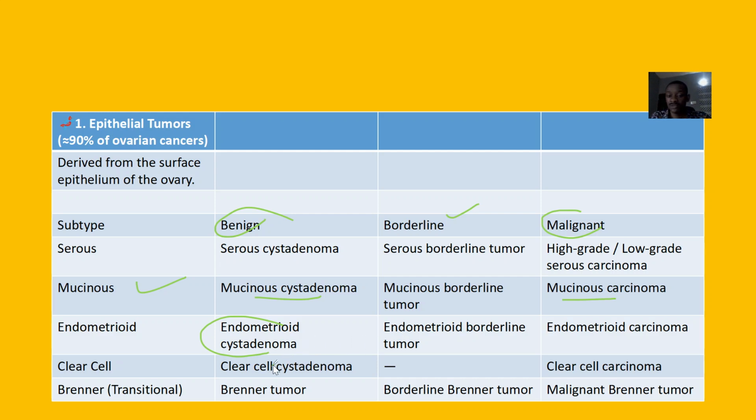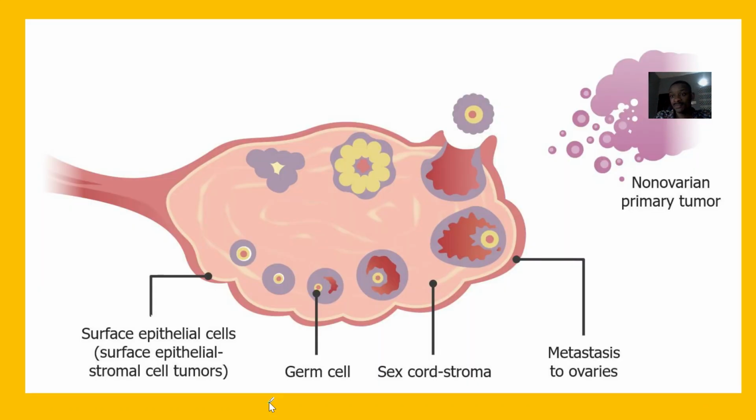For the clear cells, we just have clear cell cystadenoma and clear cell carcinoma. Then Brenner, that's transitional cell tumor, or transitional epithelium. We have Brenner tumor, borderline Brenner tumor, and malignant Brenner tumor.